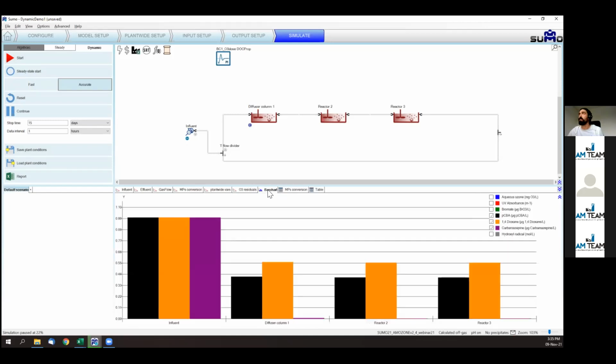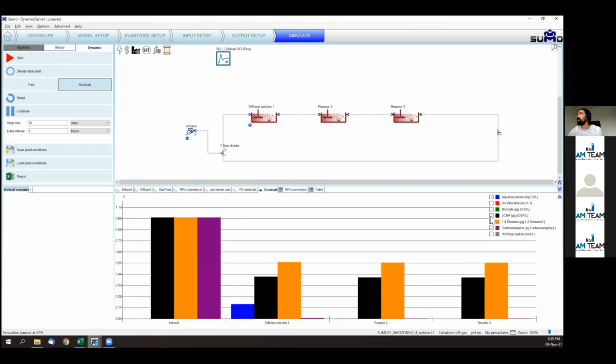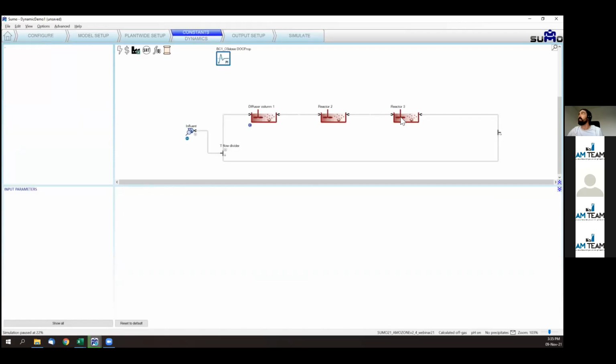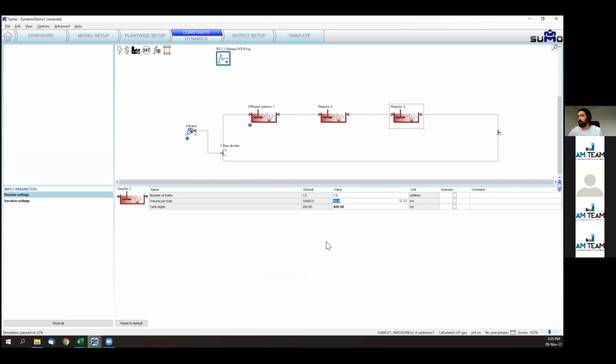But how about our residuals of ozone? Now, if we look at the residuals of ozone, we already see that at reactor 2 we don't have any, even though we have a big flow coming through, and reactor 3 actually is not in use. So we could actually sensibly reduce the size of the installation.